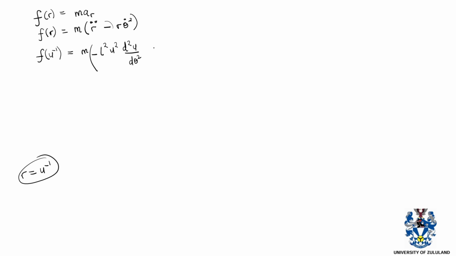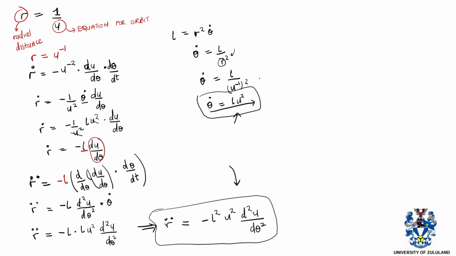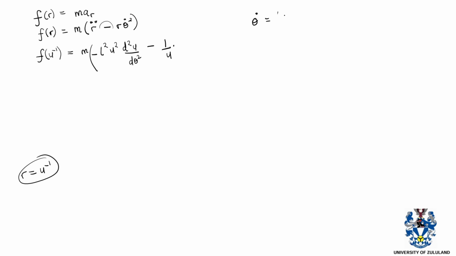And then there's a minus in the expression: this is going to be minus r, and remember that we have a value of r in terms of u. So r is just 1 over u, and then theta dot squared. Remember, according to our expression here, theta dot is equal to L u squared. So we're just going to replace that by L u squared.